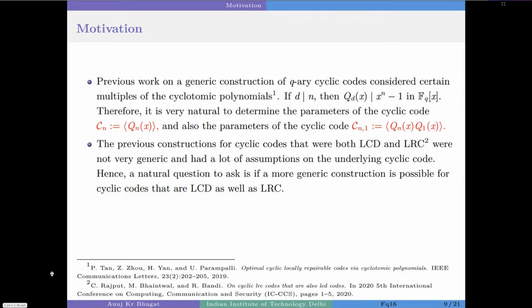So this was just a simple motivation for me. But being LCD comes in the package as all cyclotomic polynomials are self-reciprocal. Right. True. That is still true. But all the reciprocal divisors of x to the n minus 1 have been studied. That's why maybe you might want to compare your results with them. Okay, I'll see that. Okay, sure.